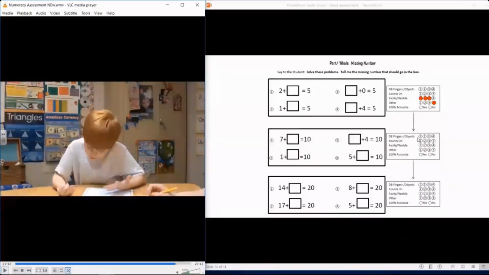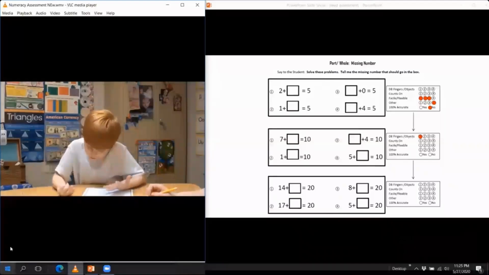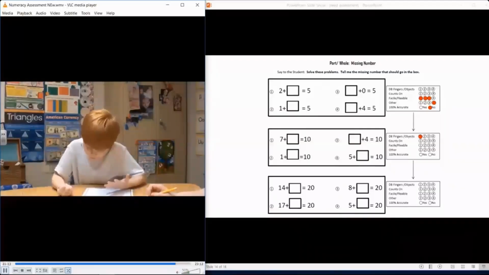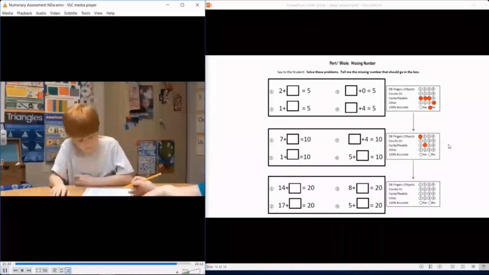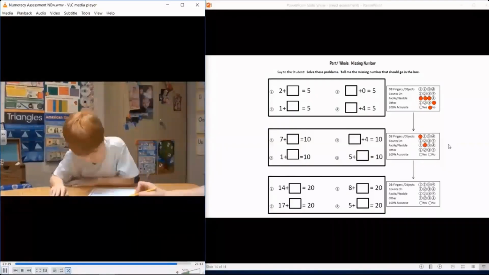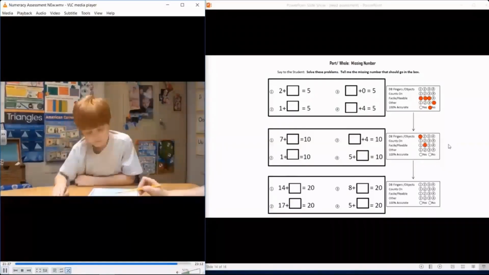He's using his fingers. He's recreating. He dropped back. 3. Tell me the missing number that should go in this box. 9. Facile flexible. Tell me the missing number that should go in this box.